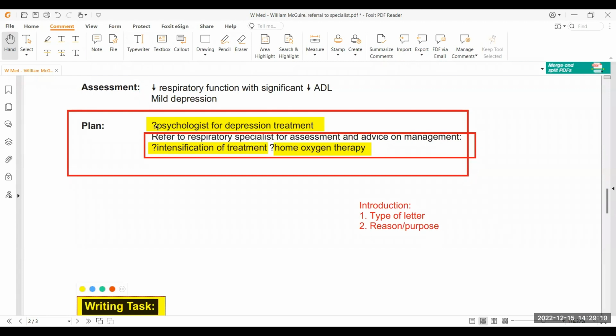And therefore, this may be another referral letter that you would write, this time to a psychologist. But you don't really need to mention that to the respiratory physician, because you wouldn't know what to do with it. But as a GP, okay, your management of the patient would be more holistic.